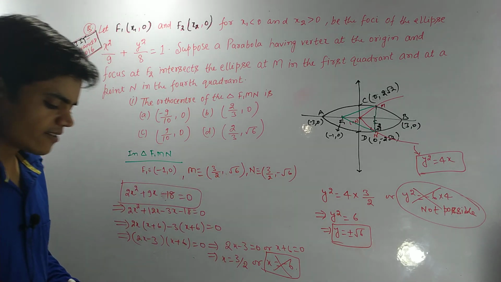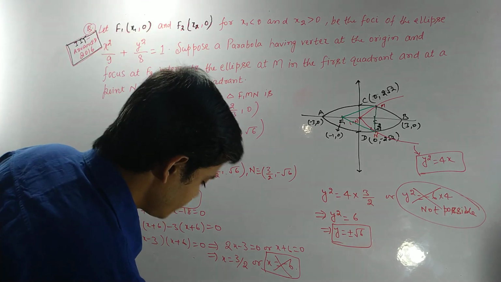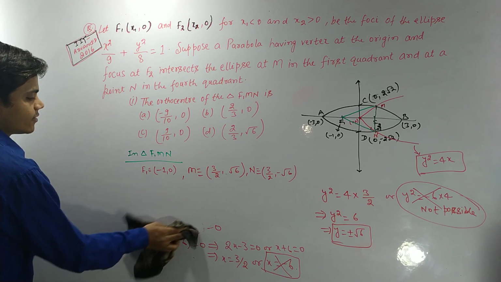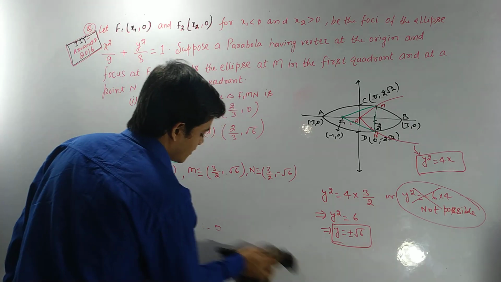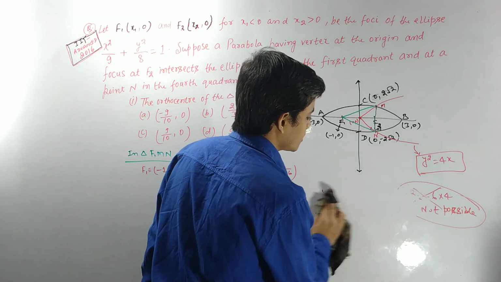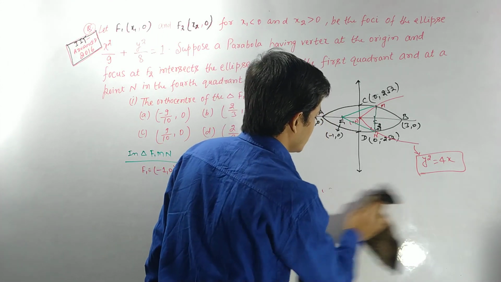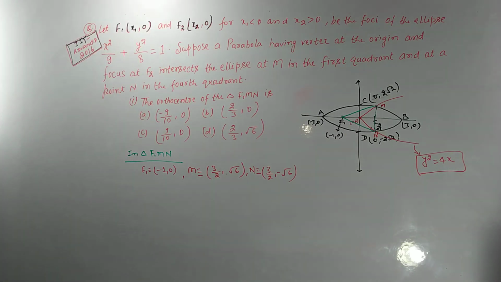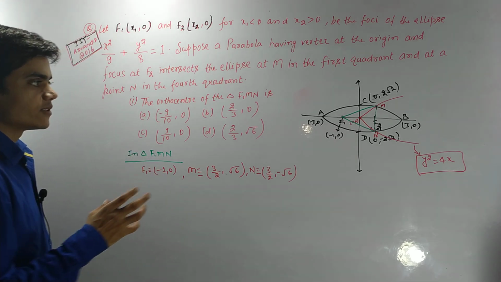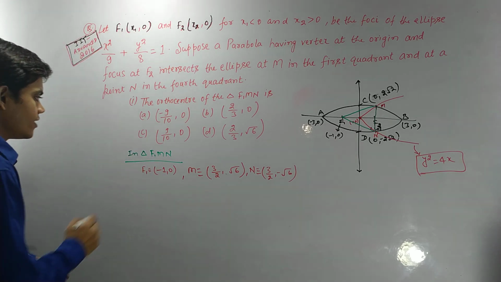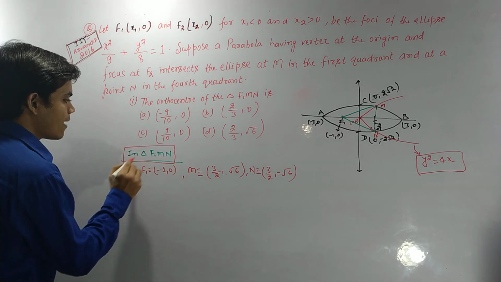Now anybody can find the altitude, and certainly the point of intersection of altitudes is nothing but the orthocenter. So now we are interested in finding the equation of the altitude. One altitude is quite clear in triangle F1MN.